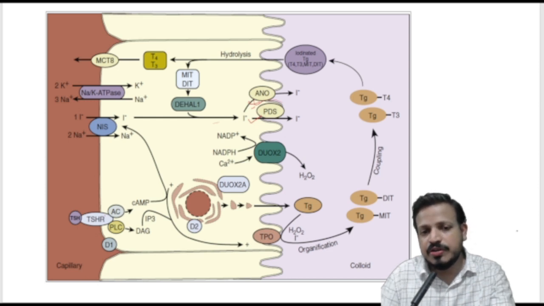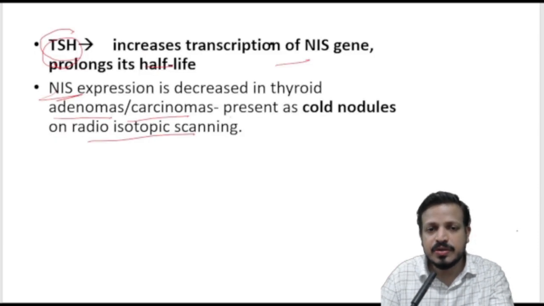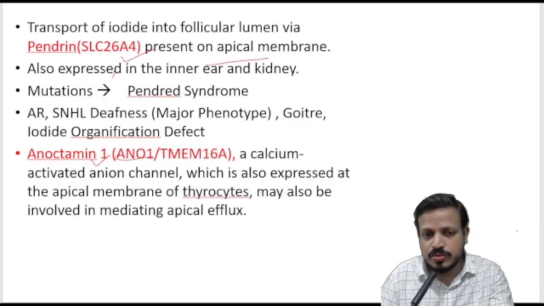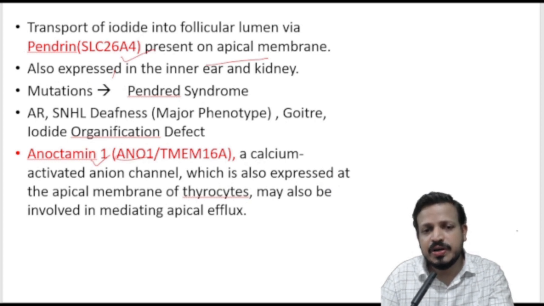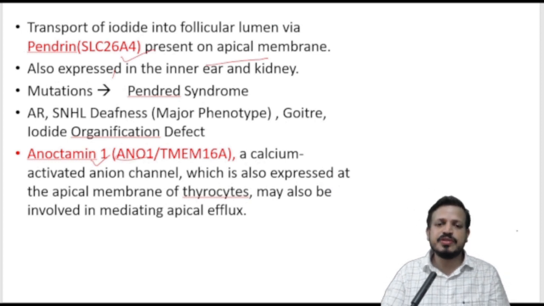After iodide enters into the follicular cells, this iodide then flows into the thyroid lumen through the apical membrane, mostly by pendrin, and another protein is anoctamin.